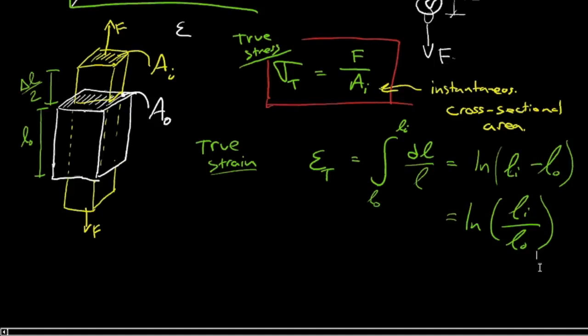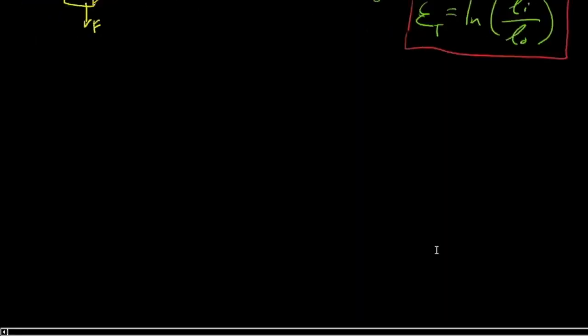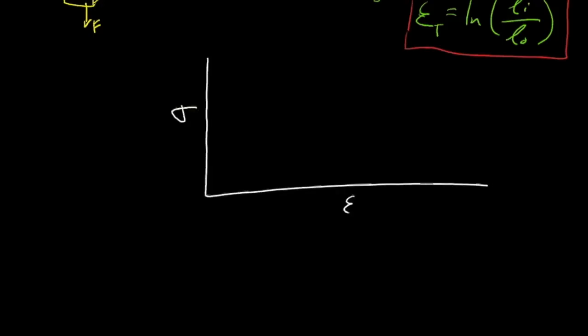So we have another equation there. I'll put a box around that. This is the true strain. If we take that true stress and plot it against the true strain, I'll show you what we get. Let me first plot stress and strain, as we've already seen.